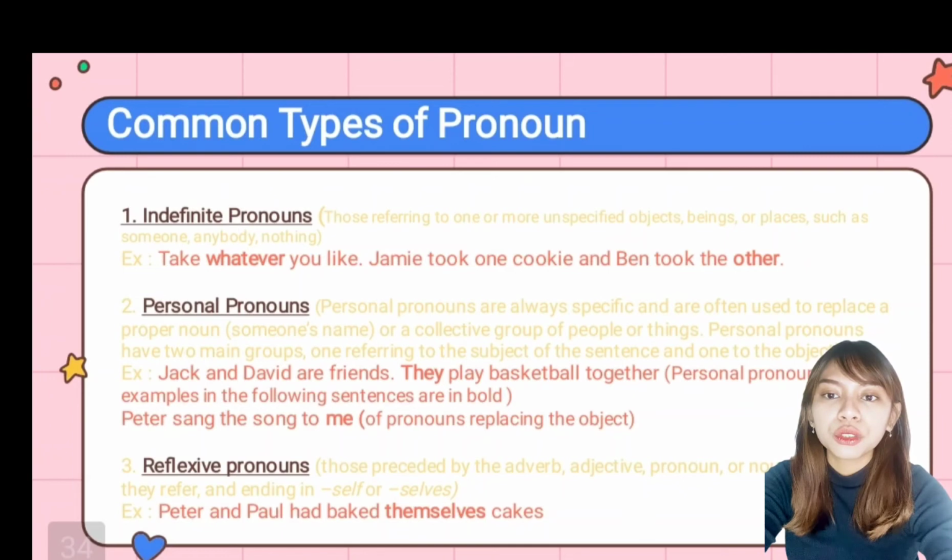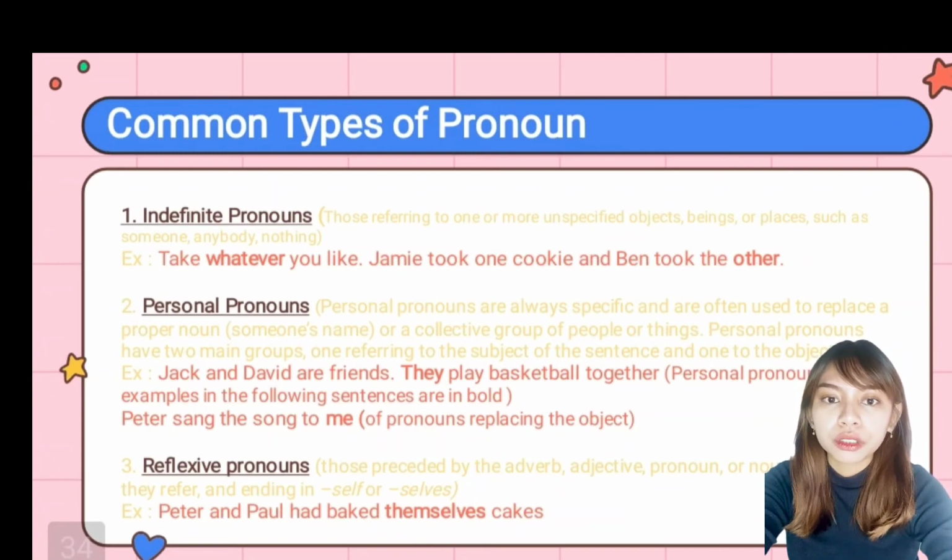Next, number 2, we have personal pronouns. Personal pronouns are always specific and are often used to replace a proper noun like someone's name or a collective group of people or things. For the example that I gave to you is: Jack and David are friends. They play basketball together.